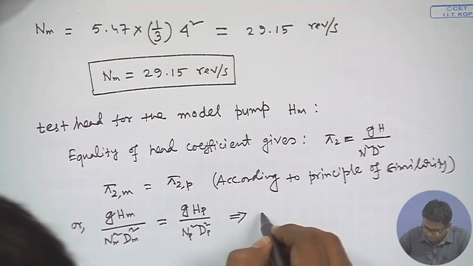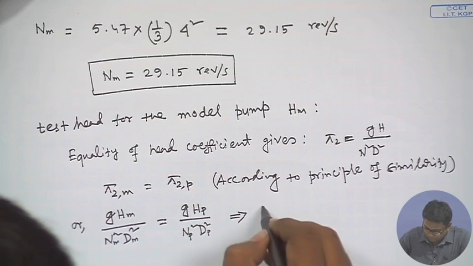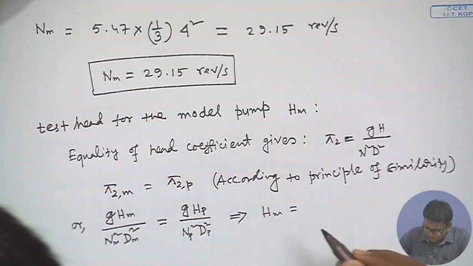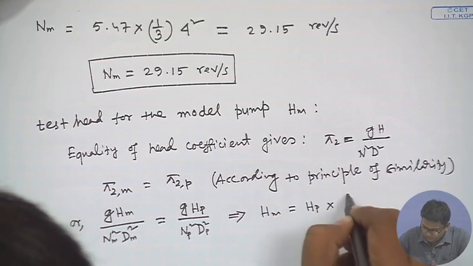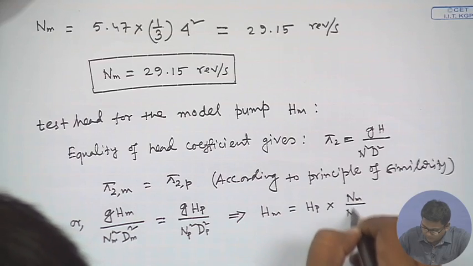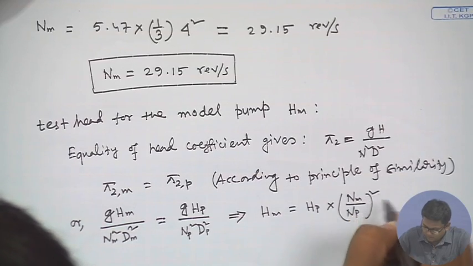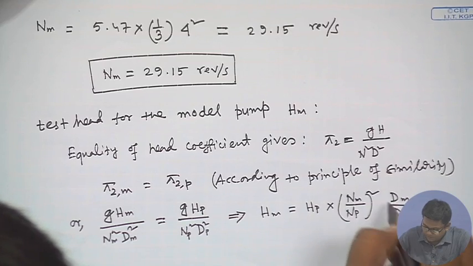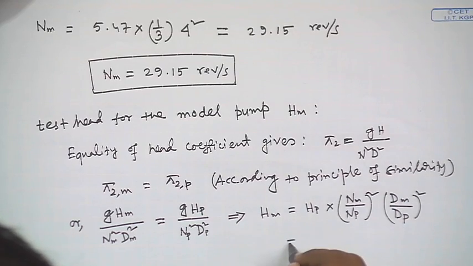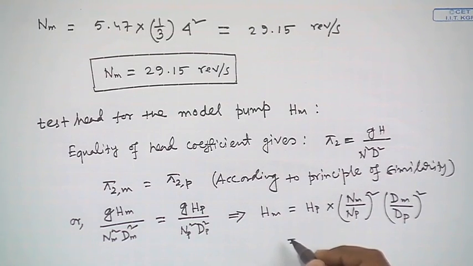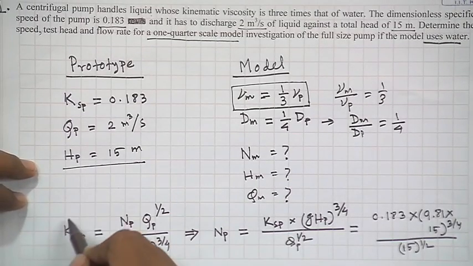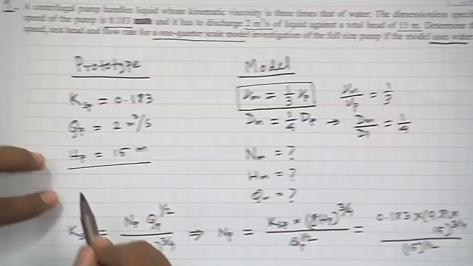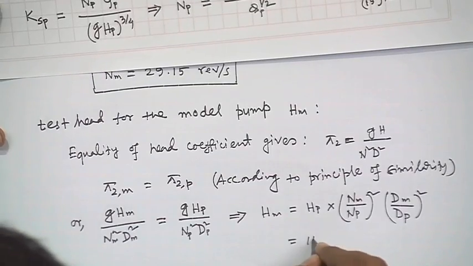This will give Hm equals Hp times Nm by Np square and dm by dp square. Hp is previously specified in the problem as 15 meter.